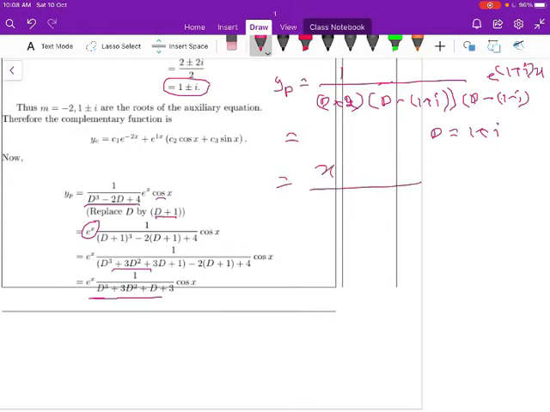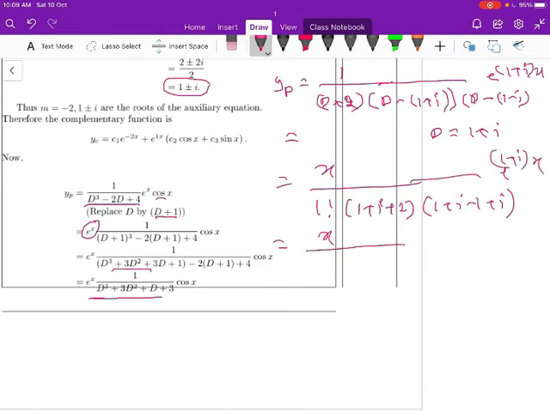Using the relation x by 1 factorial, when D goes to 0. You know the relation we are using. Wherever D, just take it as 1 plus i. (1 plus i) plus 2 into (1 plus i minus 1 plus i) into e power (1 plus i) into x.